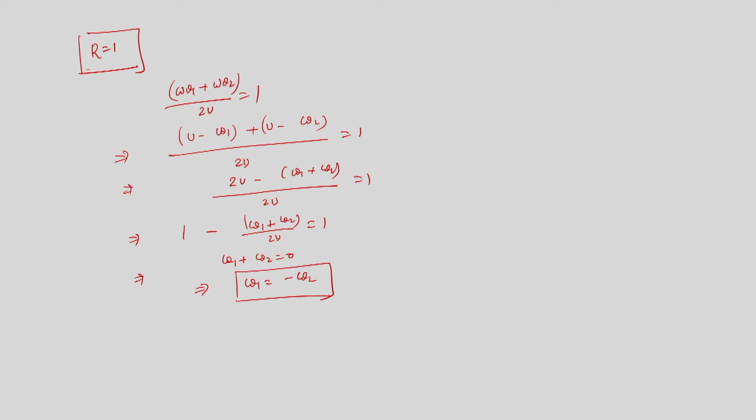So, what will be the velocity triangles? If I try to draw the combined velocity triangle, then C theta 2 will be equal to minus C theta 1. The velocity triangle will be like this: let us say this is C1 and this will be W1.